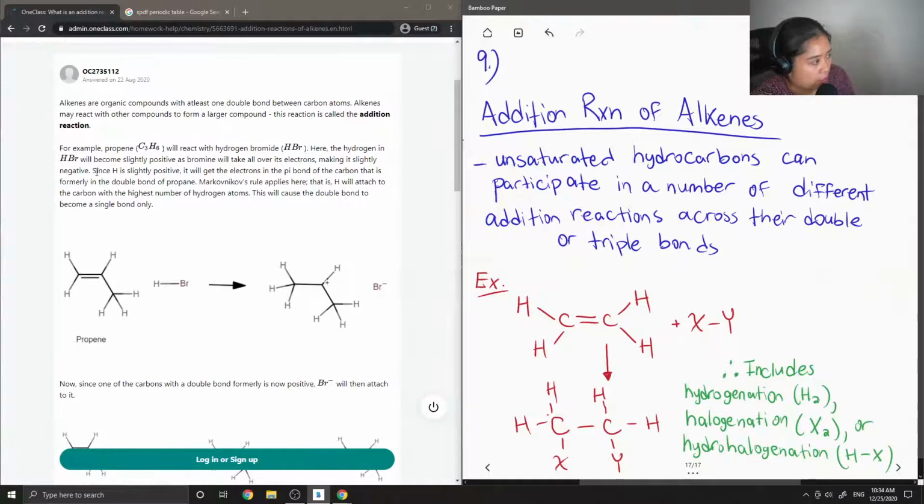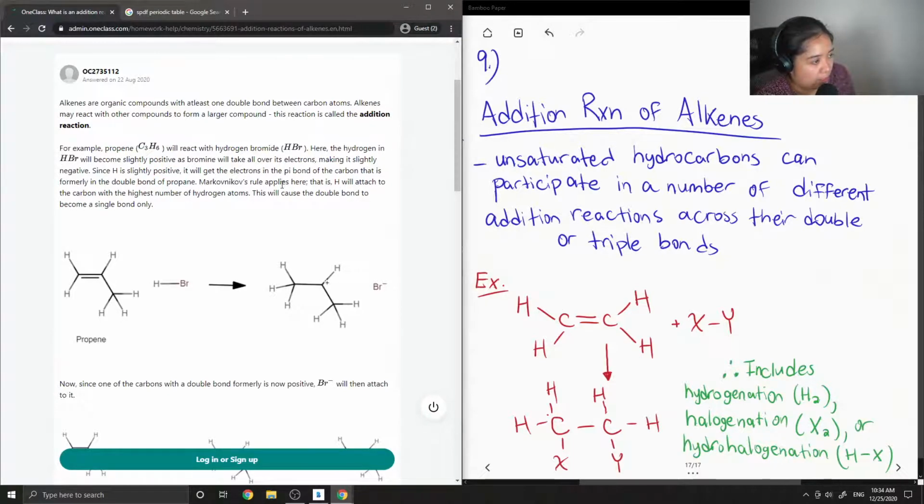Here, the hydrogen in hydrogen bromide will become slightly positive, as bromine will take all of its electrons, making it slightly negative. Since hydrogen is slightly positive, it will get the electrons in the pi bond of the carbon that is formerly in the double bond of propane, or propene, I guess.